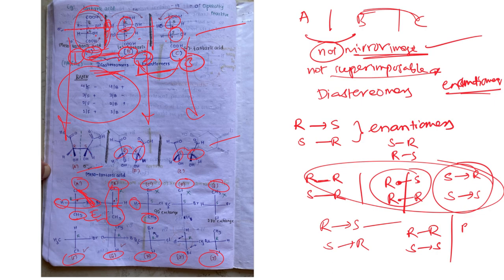Next here, R configuration, which is fixed here: chlorine, bromine, hydrogen. From this, hydrogen is fixed and the remaining are changed anti-clockwise. So here methyl is methyl, here chlorine and here bromine.